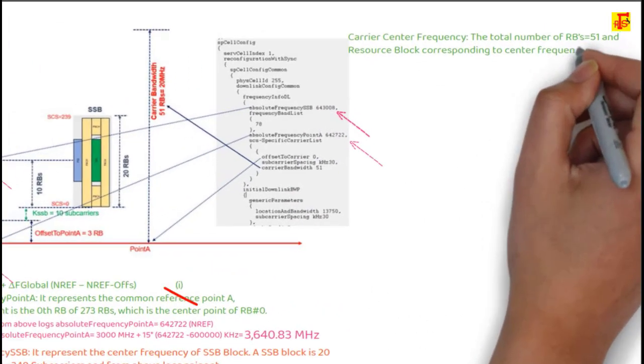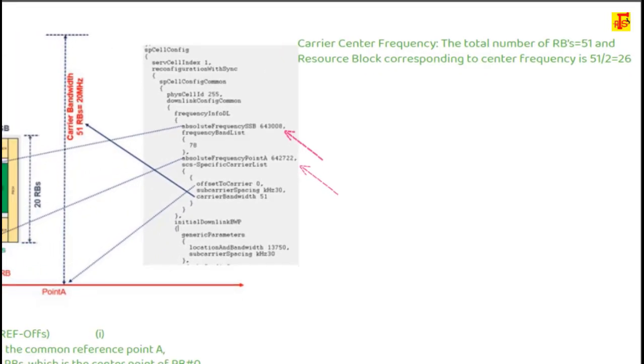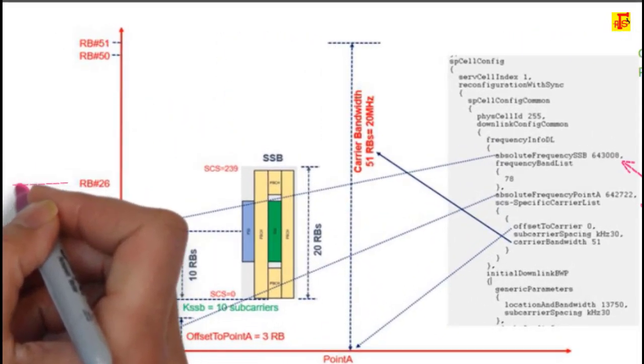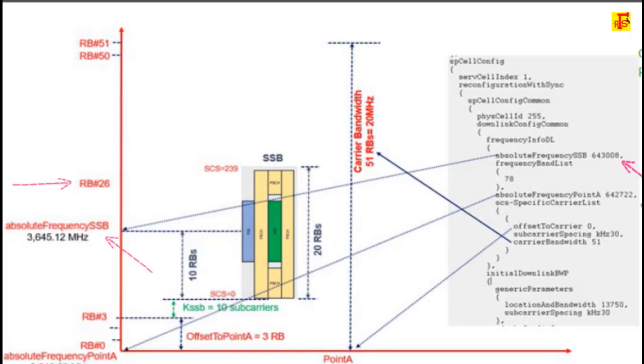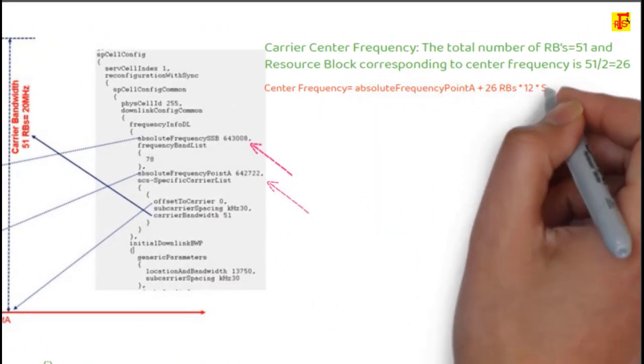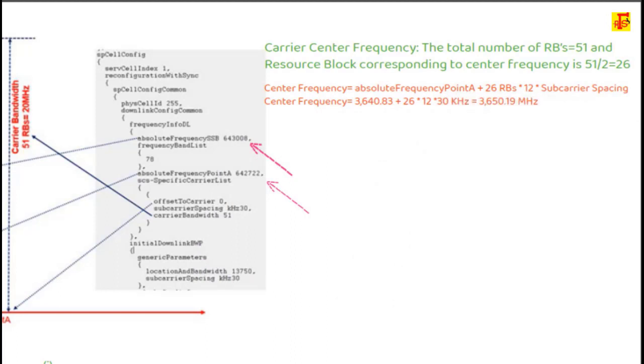So carrier center frequency equal to total number of RBs. What is the total number of RBs? 51, right? From the RRC configuration message. So resource block corresponding to center frequency: 51 by 2, what will be the center point of 51 RB? So 51 by 2, that means 26. It is not the exact center point, but it will be around 51 by 2, so we take it in integer format. So 26. So center frequency equal to absolute frequency point A plus 26 RB into 12 subcarrier, right?